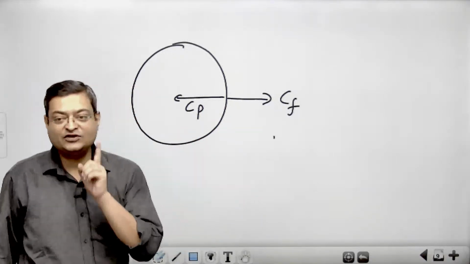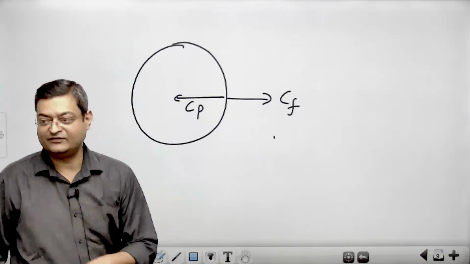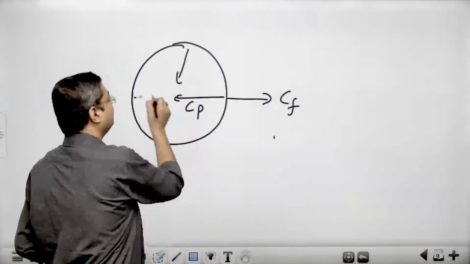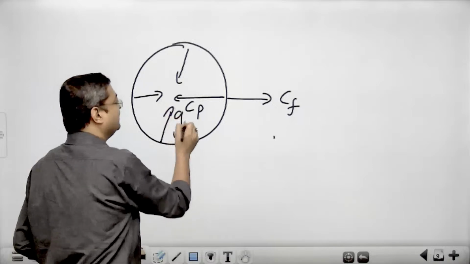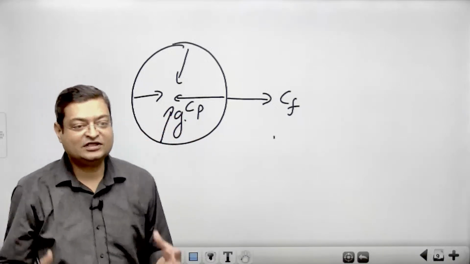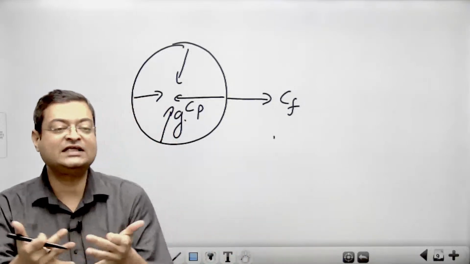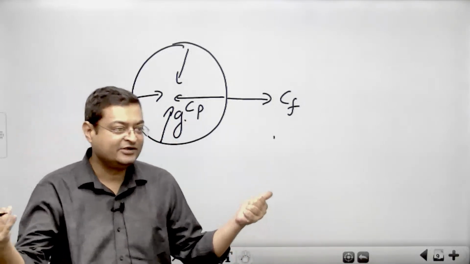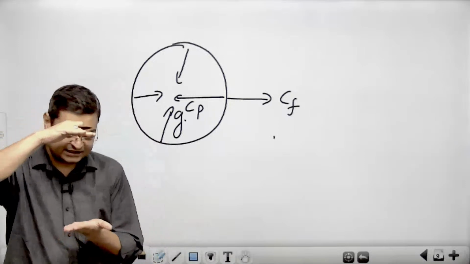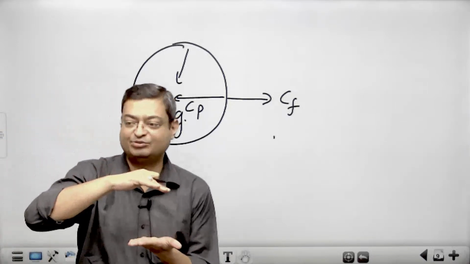But Earth has one more fundamental force, that is gravity. So there are two forces acting inward and only one force acting outward. Due to this, the Earth is a bit flattened at the poles.